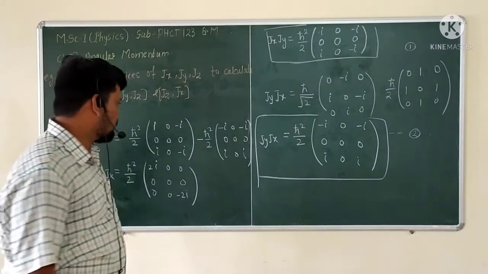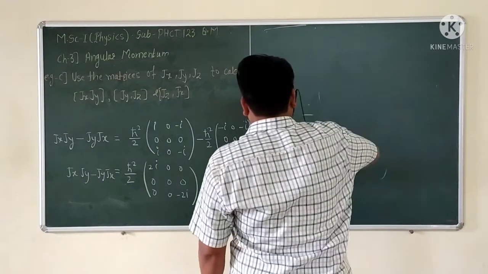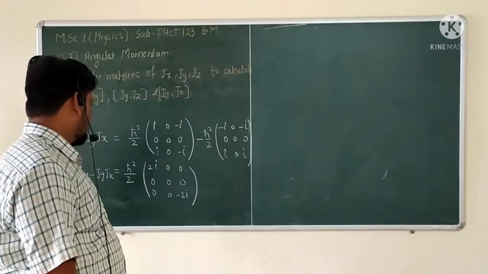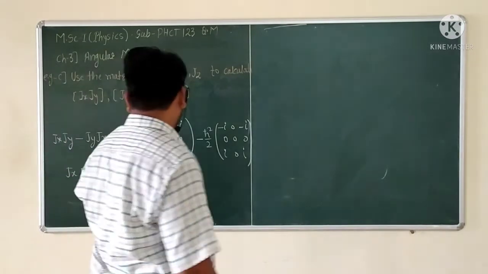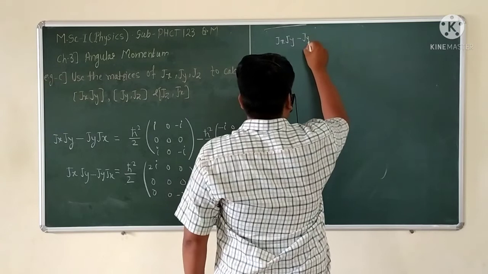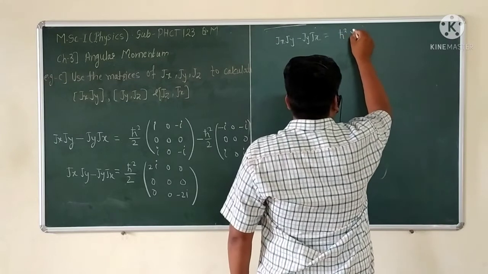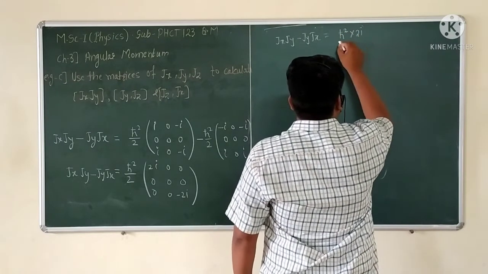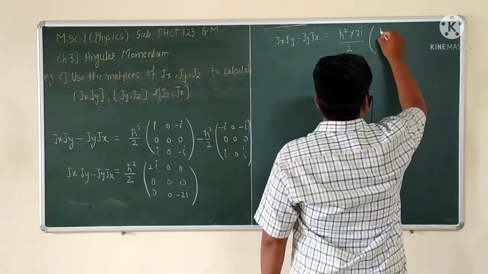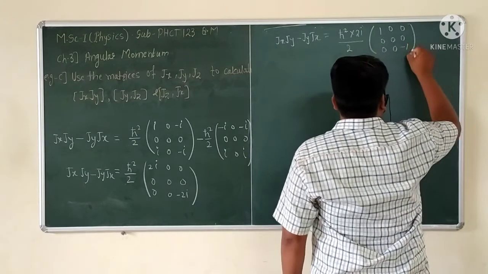If we solve it, we take the common twice i outside of this matrix representation, so Jx Jy minus Jy Jx is nothing but ħ² into twice i divided by 2, in the matrix 1 0 0, 0 0 0 and 0 0 minus 1.